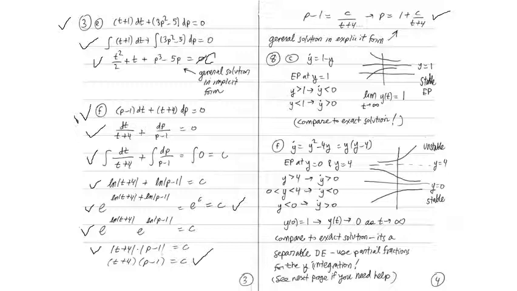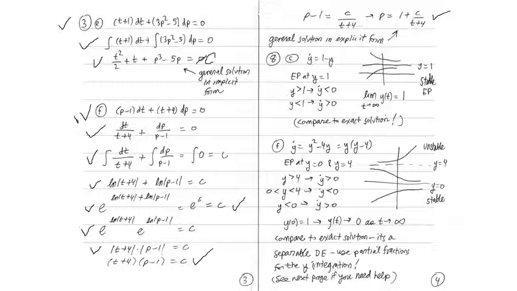In the next exercise, exercise 8c, we are given a first order differential equation with time as the independent variable. We have one equilibrium point at y equals 1. That's the only value that makes the right-hand side equal to 0.